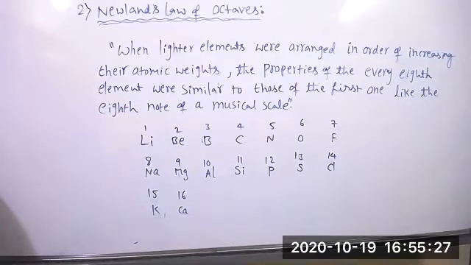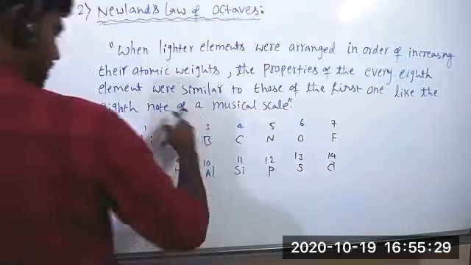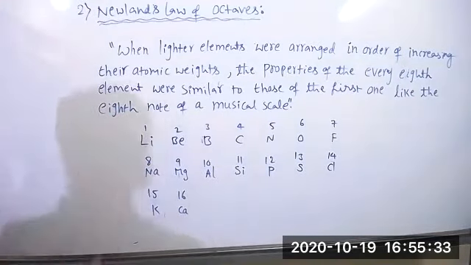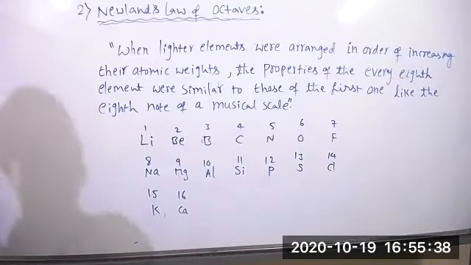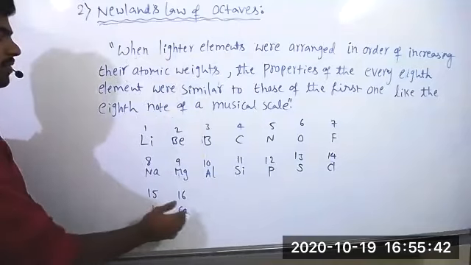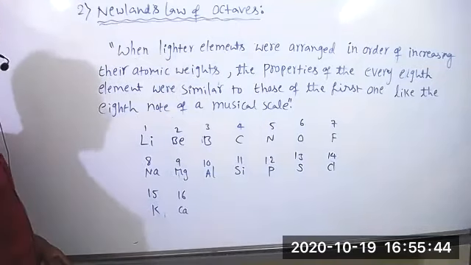Done, sir. Okay. So this is a very important statement, and in this example you have to arrange the elements from lithium to calcium. After that I will write one limitation. This law was also discarded because Newland's law of octaves can be applied only up to calcium. After that, we can't apply it.